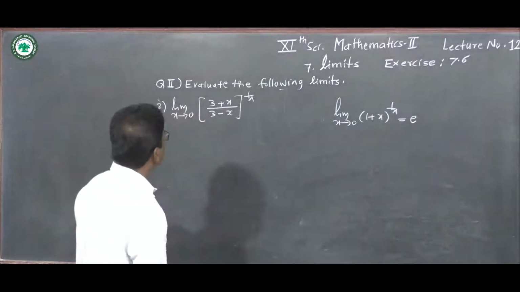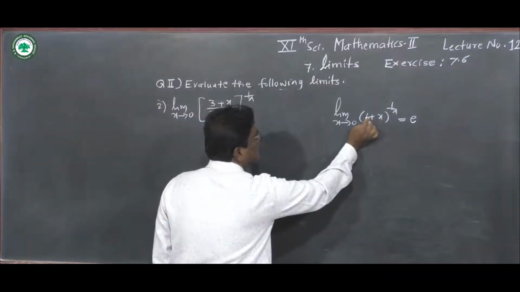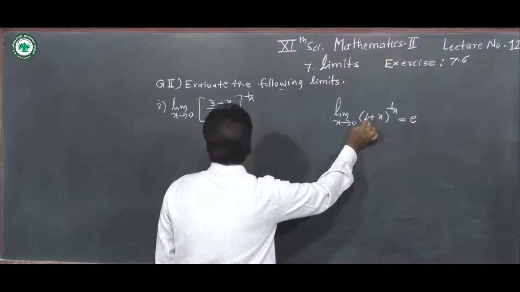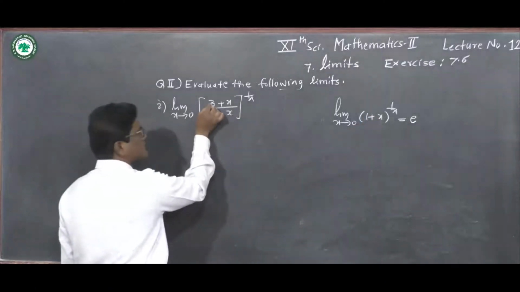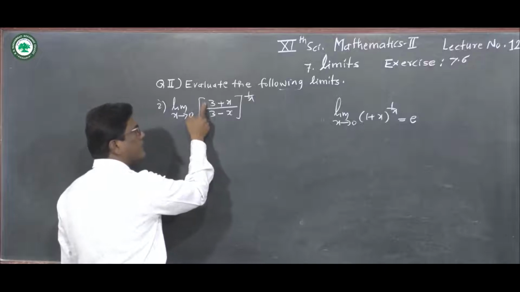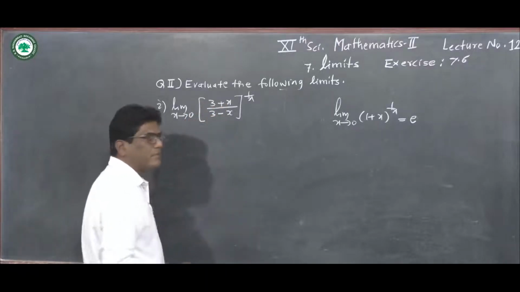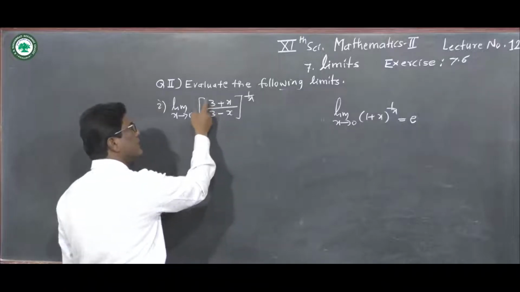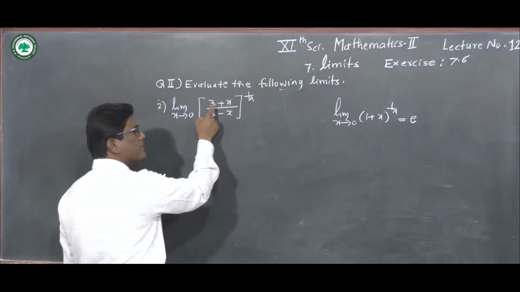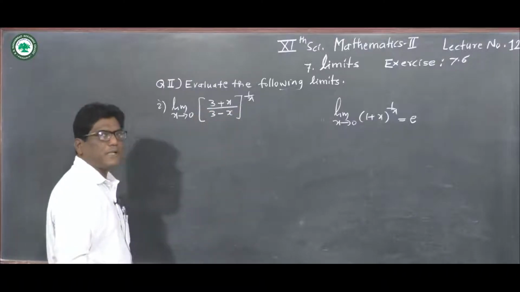Now here, we must have 1 here, but here it is 3. So we want 1 here. So divide the numerator by 3 and also the denominator by 3. Then we get 1 here.